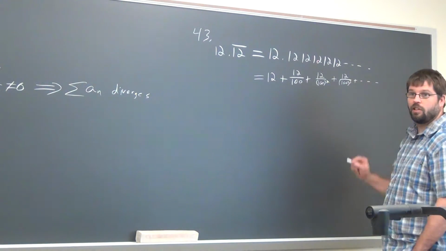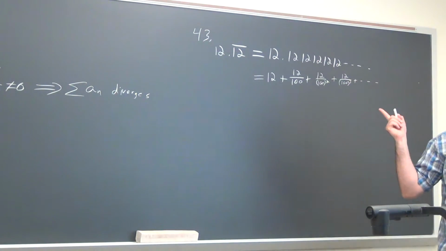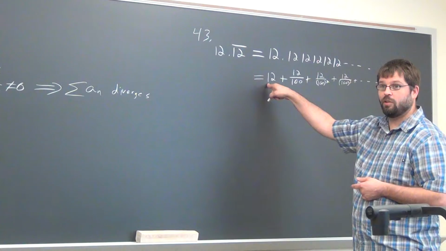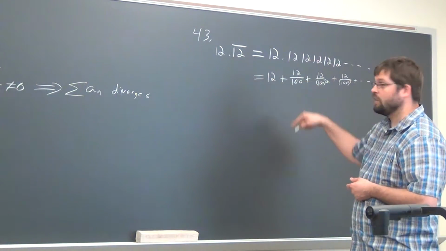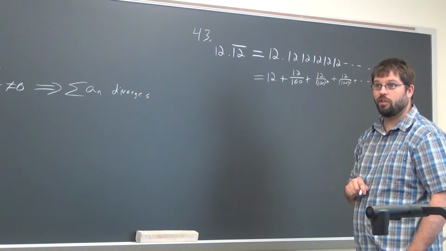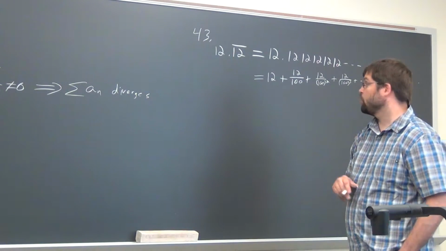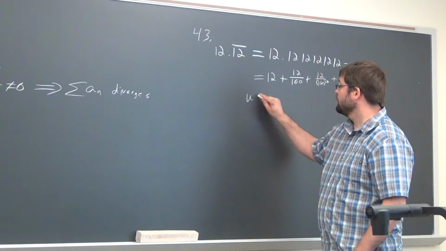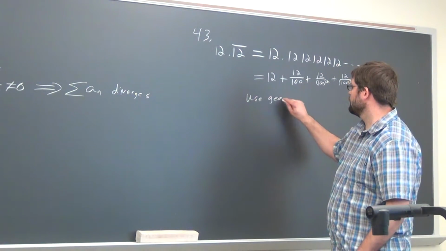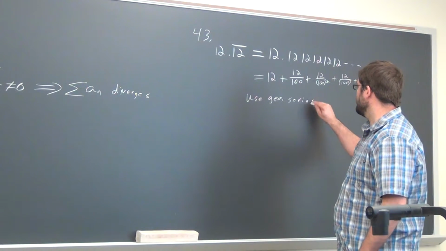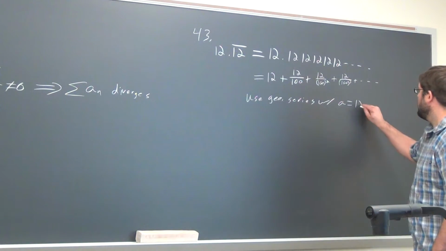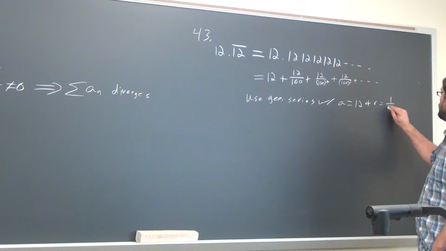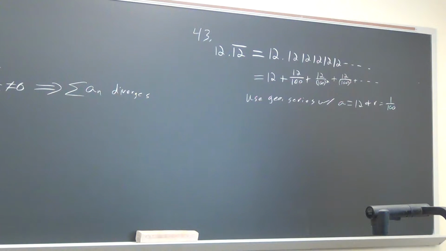Does that make sense? And so you have a geometric series here, right, with your a equal to 12 and your r equal to 1/100th. So use the geometric series with a = 12 and r = 1/100th.